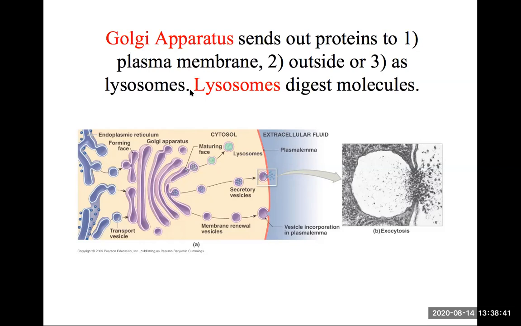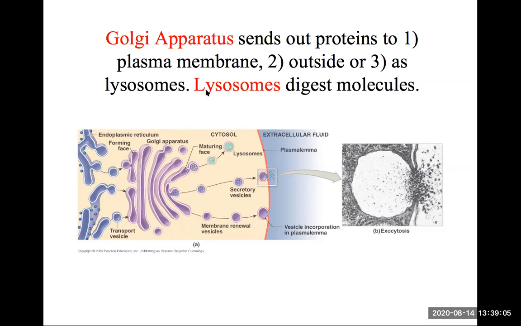And then the last thing is these proteins, some of them are going to be kept inside the cell. So here's a vesicle, and we saw this term before, lysosomes. And lysosomes, anytime you see the word lys, it's not like the little animals that get in your hair. This is LYS.